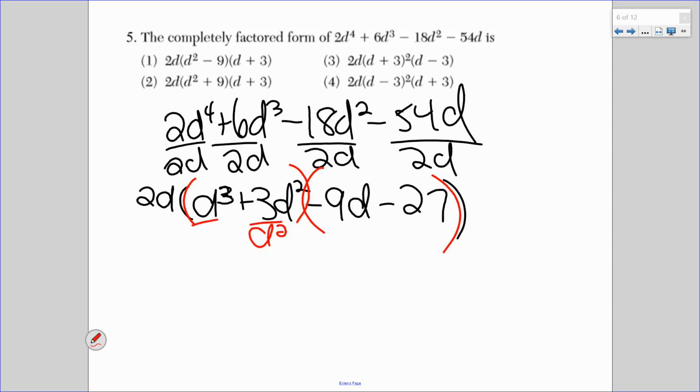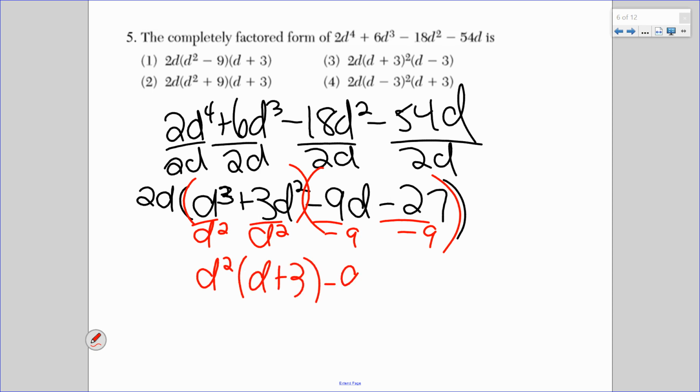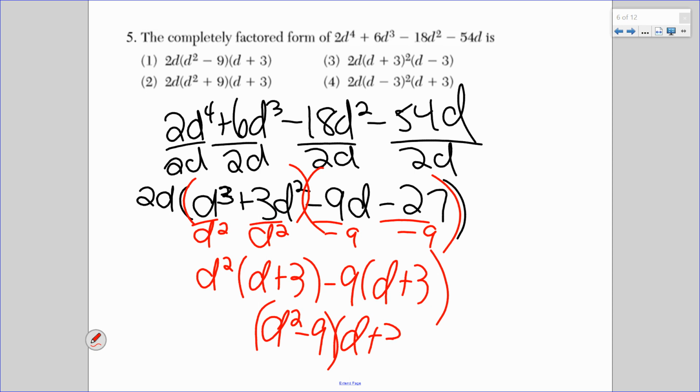I got d squared, I got negative 9. Again, I'm going to ignore the 2d just like the other problem I did. We got d squared times d plus 3, minus 9 times d plus 3, which is d squared minus 9 times d plus 3. And let's bring that 2d down. Can I factor further?